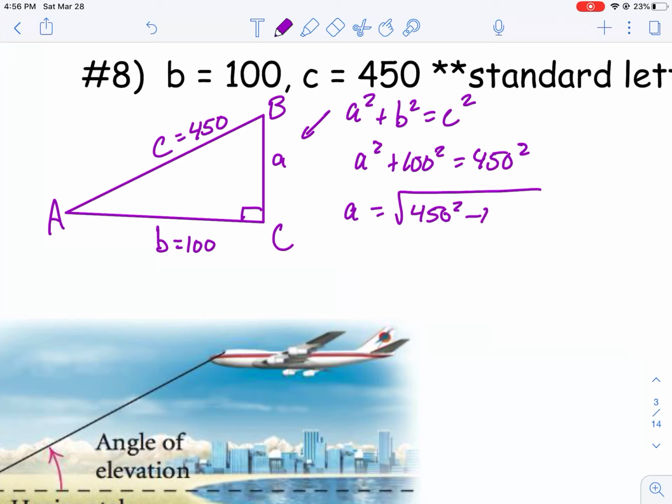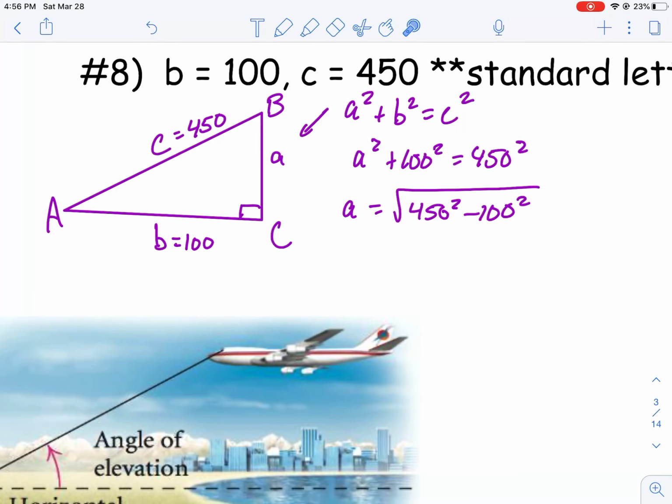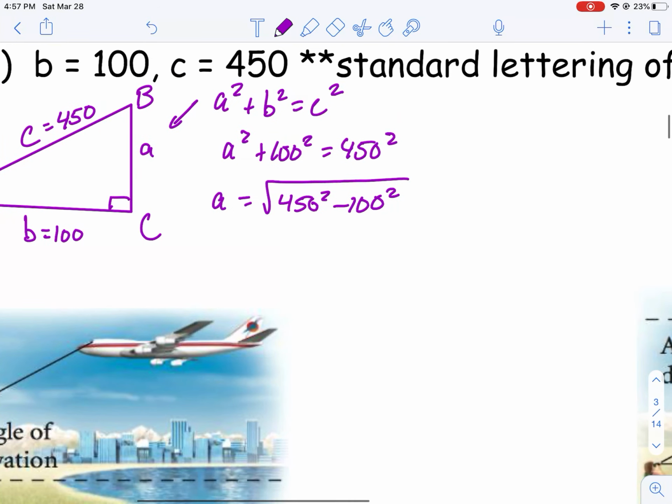I'm going to subtract 100 squared from both sides. So now this is over on the right side. And I'm going to get rid of the squared and take the square root. And we find that A is equal to a number that I have written on my paper. A is equal to 438.7.